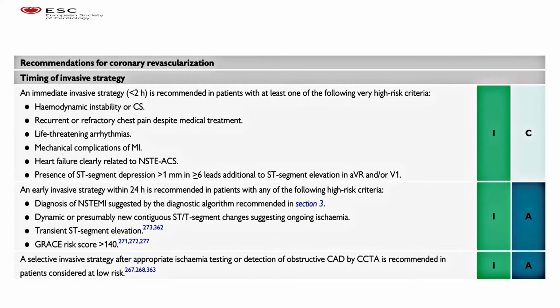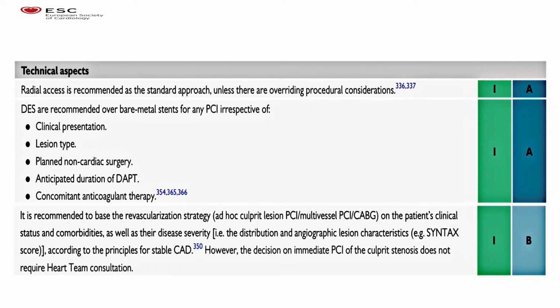A selective invasive strategy, after appropriate ischemia testing, or detection of obstructive coronary artery disease by coronary CT angiography, is recommended in patients considered at low risk. Class 1 Level A. Technical aspects. Radial access is recommended as the standard approach, unless there are overriding procedural considerations.